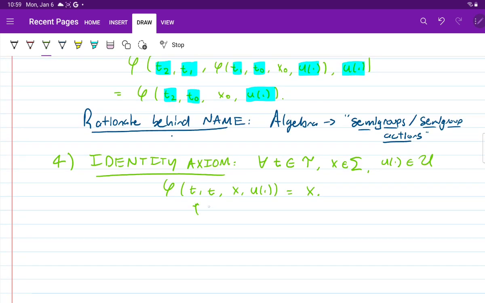Since these two times represent the end time and the start time, no time passes, and since no time has passed, we should stay in the same state. So this is all that the identity axiom says.